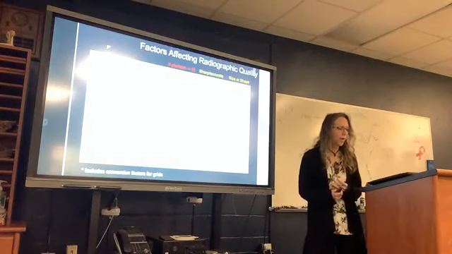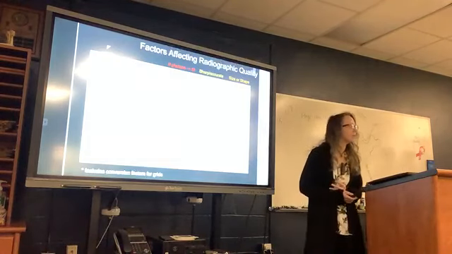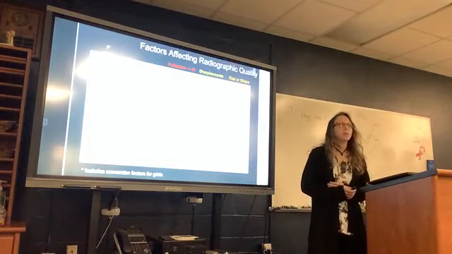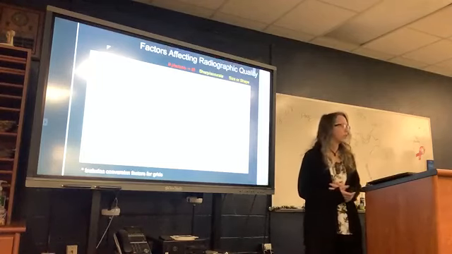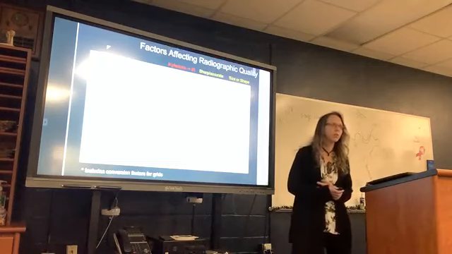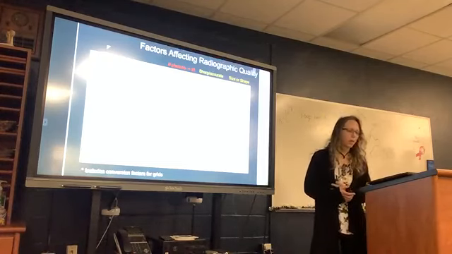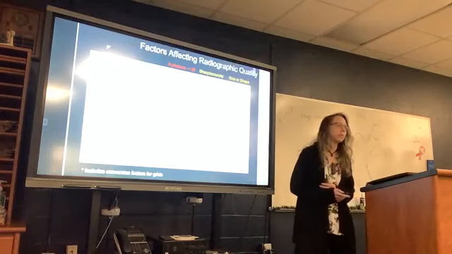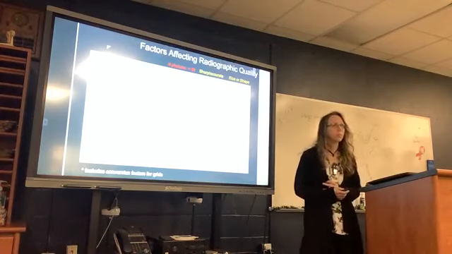What about kVp? Which one does it affect, or which ones? Receptor exposure. Does it change sharpness or accuracy or distortion? Nope, it does not. How about OID? It affects distortion.